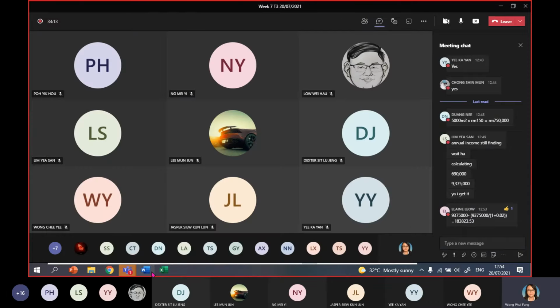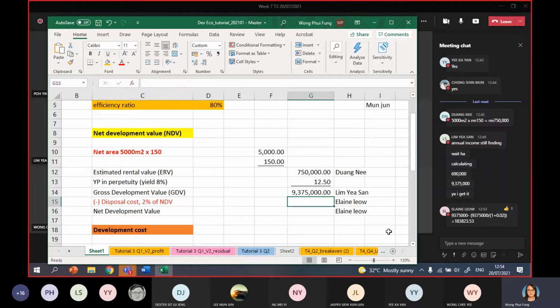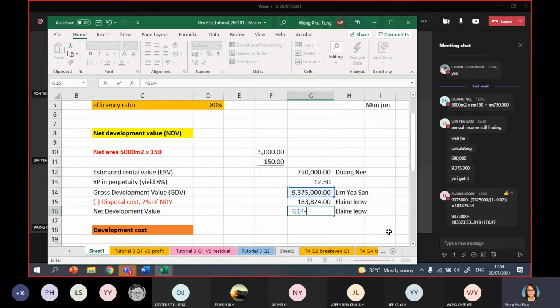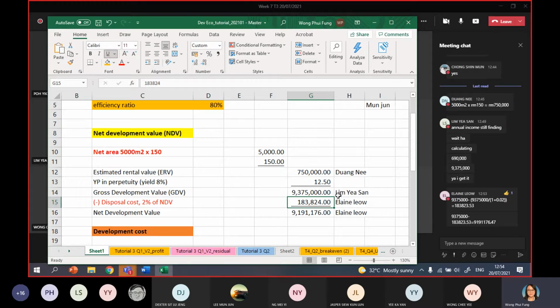Very good, Elaine. So the answer is 183,824. I will round to 2 decimal places. If you want to use 0.53, that also can, never mind. Then after that, NDV is you just use the GDV minus it. Yes, correct. Then you get your NDV already. Very easy, isn't it? Okay.